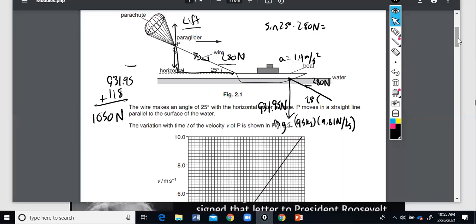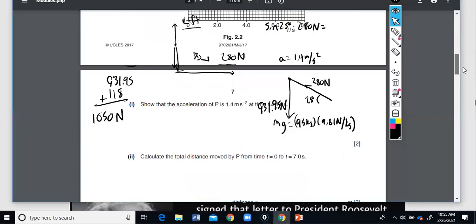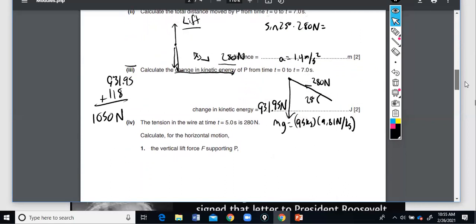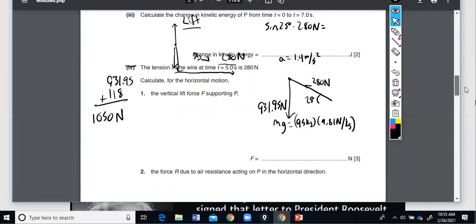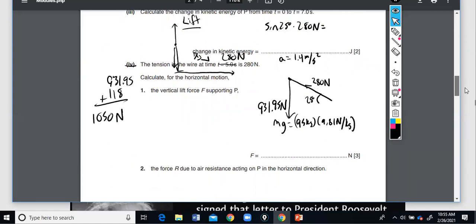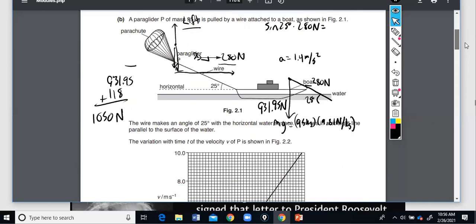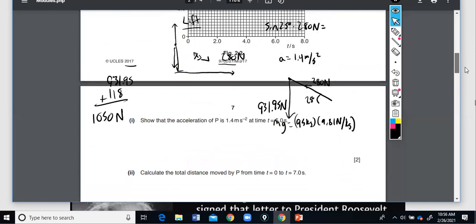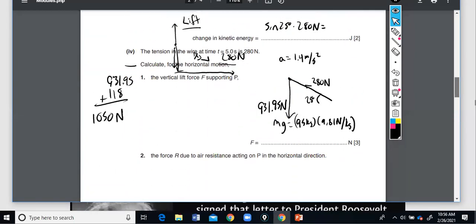We're not moving vertically. So I think a good answer would be 1050. Calculate for the horizontal motion the vertical lift force F supporting P. So 1050 newtons for that.